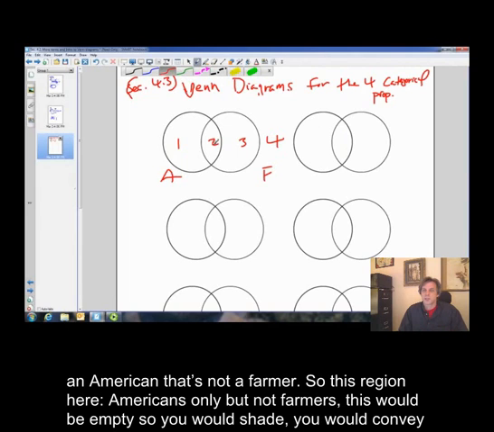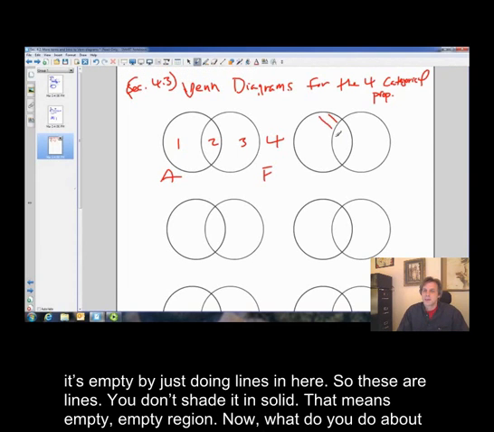So this region here, Americans only, but not farmers, would be empty, so you would convey it's empty by just doing lines in here. So these are lines. You don't shade it in solid. That means empty region, okay?